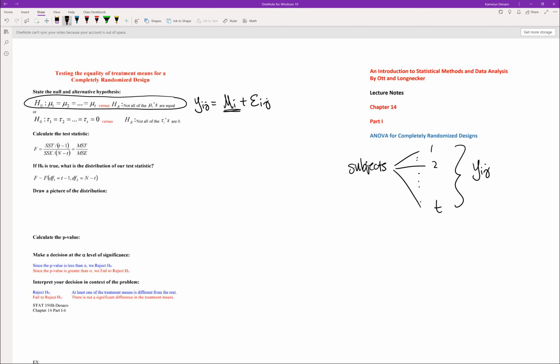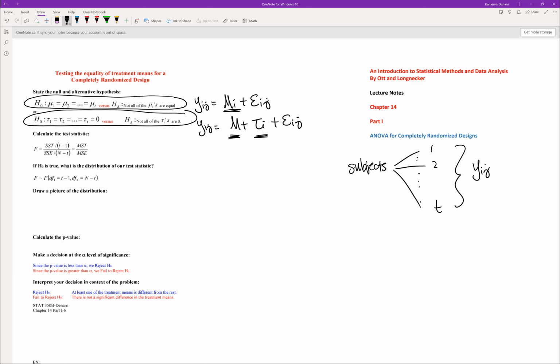If you write out your model Yij equals mu plus tau i plus epsilon ij, you're saying there's an overall mean plus some treatment effect. In this case, you would ask, are all of the tau 1 to tau t equal to 0, meaning there's zero treatment effect from the overall mean? Did you do better or worse compared to that? So what's that treatment effect?